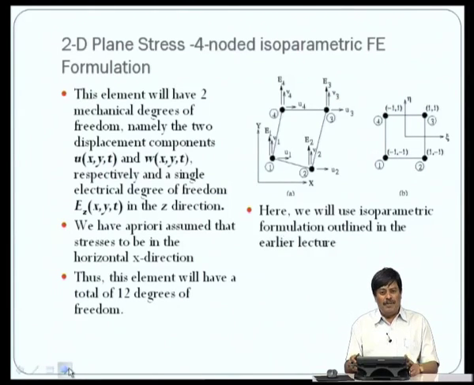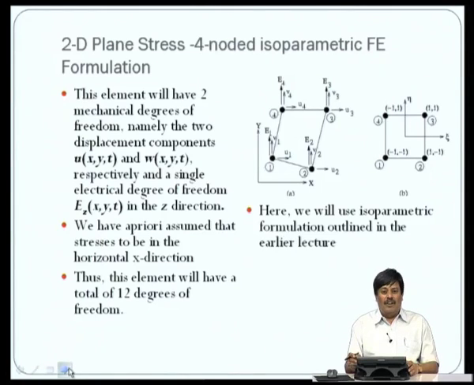We discussed isoparametric finite element formulation in lecture number 29, where we outlined the procedures that are required. To recap, we require both the variation of the dependent variable, that is the deformations u and v, and also the variation of the coordinate.